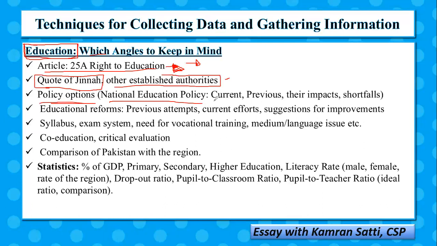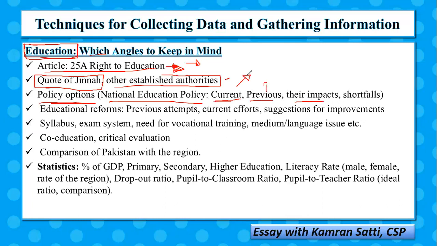So you need to know about previous national education policies, what their pitfalls were, why they were not implemented, the impacts and shortfalls of past policies, how the current policy is faring in implementation, and what recommendations you would give to improve it.